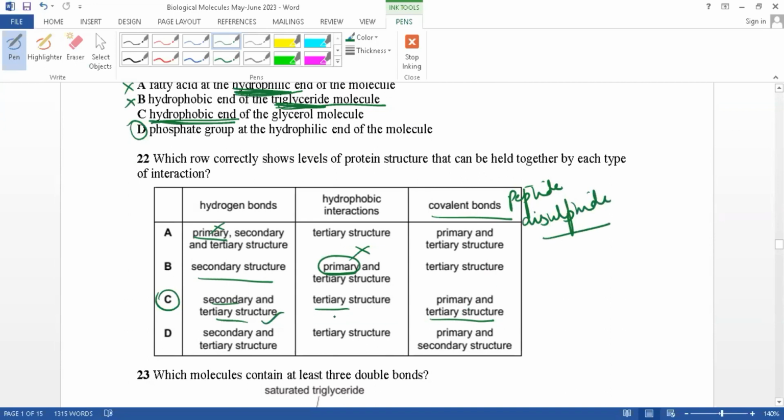So that is correct in all aspects. Hydrogen bond, secondary, tertiary, correct. Hydrophobic, tertiary, correct. Covalent bond, primary, and no, they don't hold the secondary structure. They hold the primary structure. Secondary is held by the hydrogen bonds. So that is also incorrect.